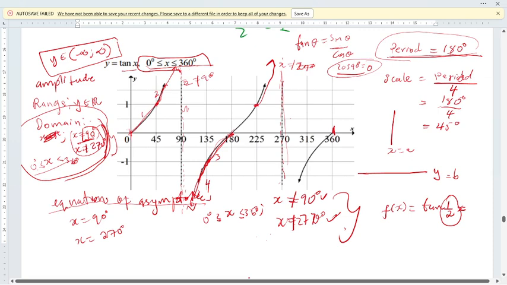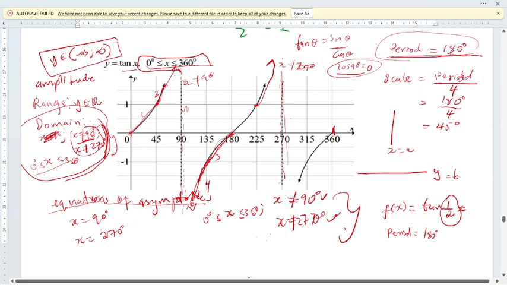Now when you want the period here, we say okay, the period of the original graph. What is the period of tan? Thomas, what is the period of tan? 180 degrees. Is that correct? But now, what is the period of tan half x?